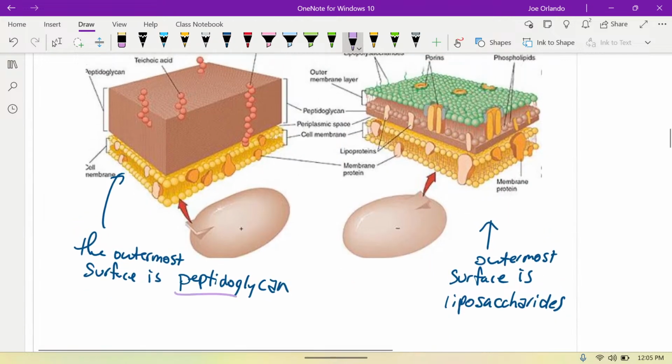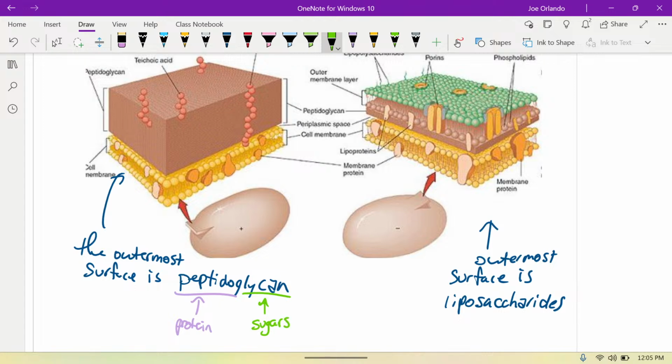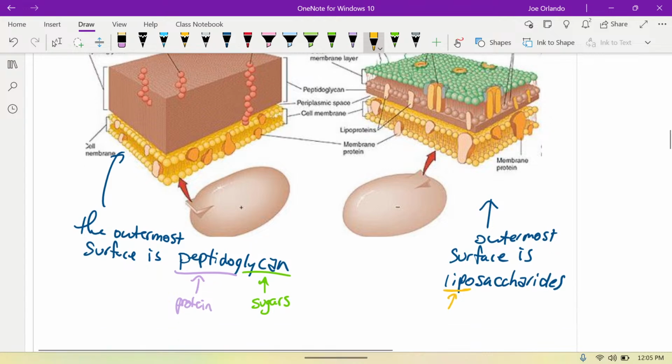Just to break this down, peptido refers to peptides, which are protein-based, and glycan refers to glycogen, which generally speaking is sugars. All right? And just so we know the words, what does lipo as a prefix refer to? What type of material?